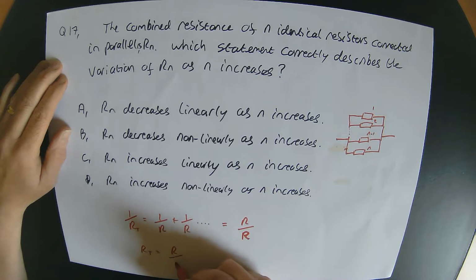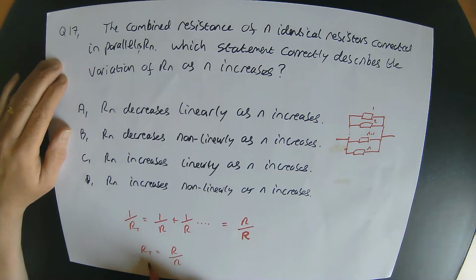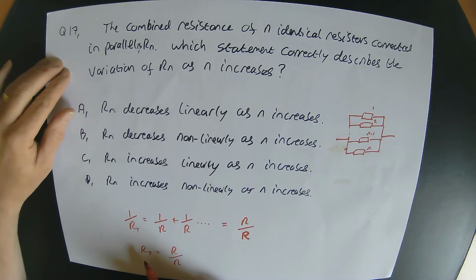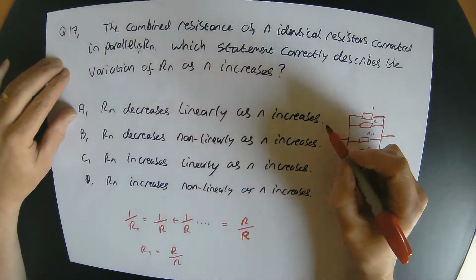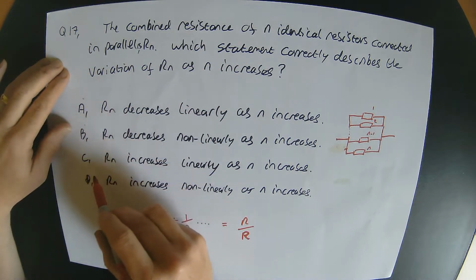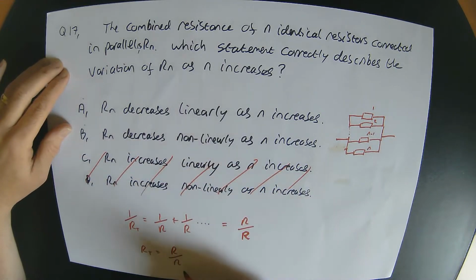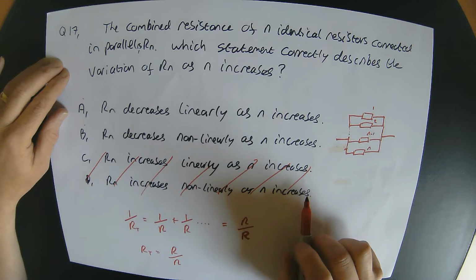It's a constant, because they're all the same, divided by n. Well, this is not a linear equation, this is a reciprocal equation. As n increases, R decreases. So R decreases gives us possibly A, possibly B, but not C or D. But this is non-linear, this is a reciprocal, so the answer is B.